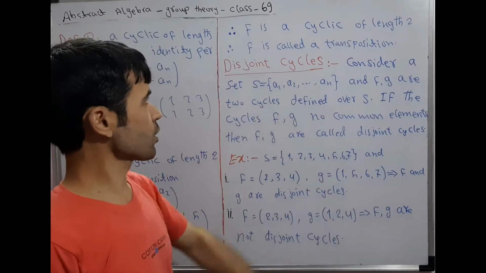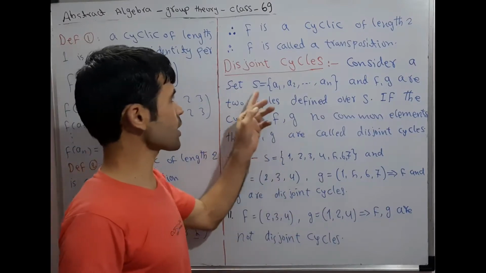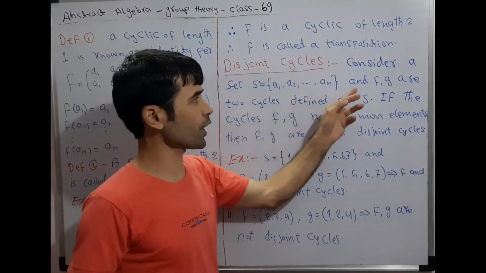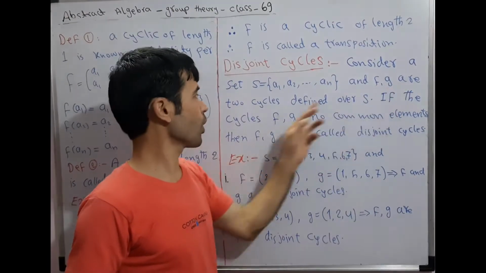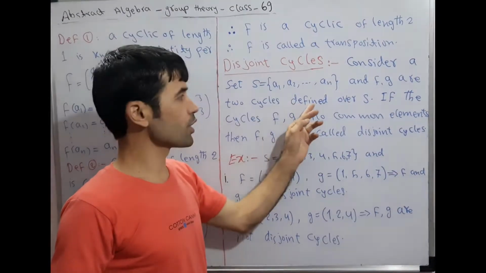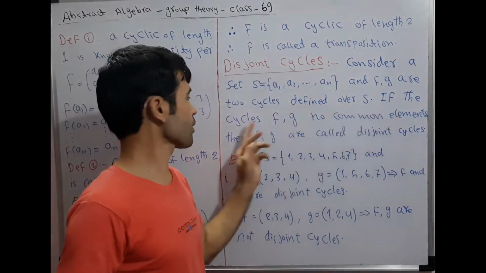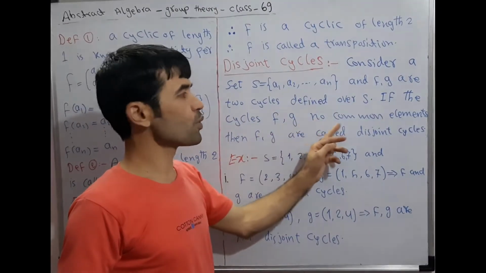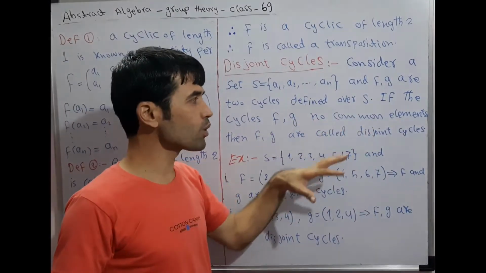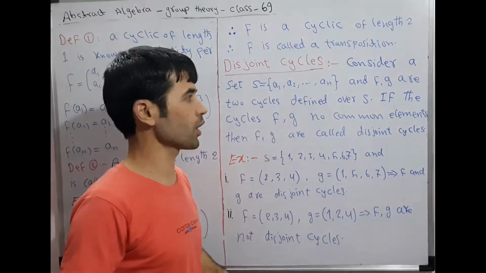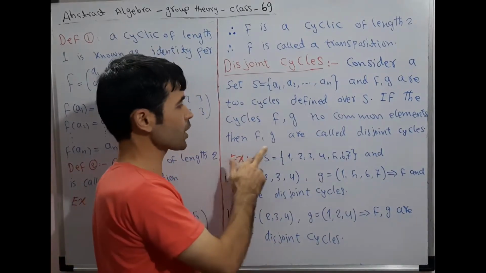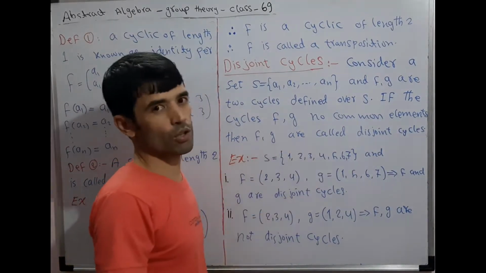Disjoint cycles: let S equal {a1, a2, and so on, an}, and f, g are two cycles defined over S. If the cycles f, g don't have common elements, then f, g are called disjoint cycles.